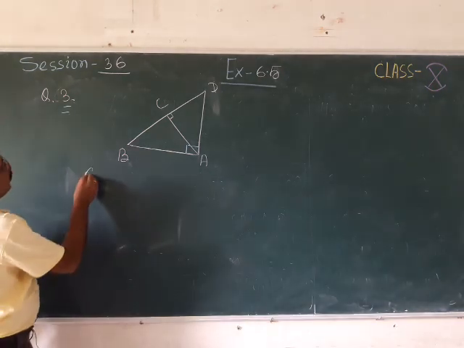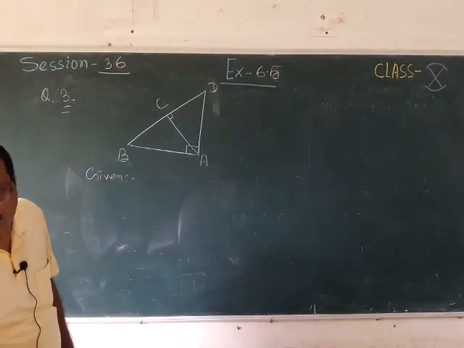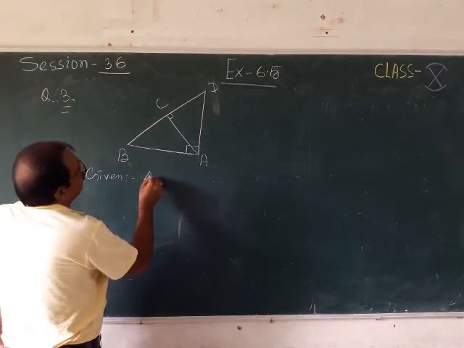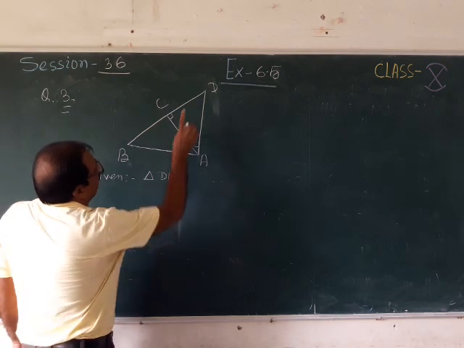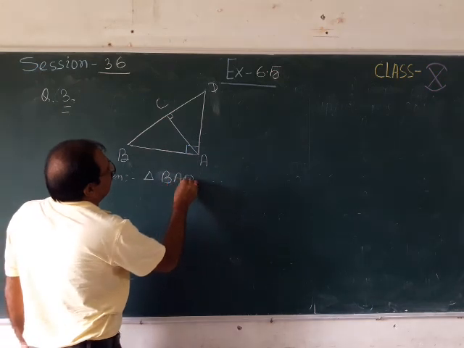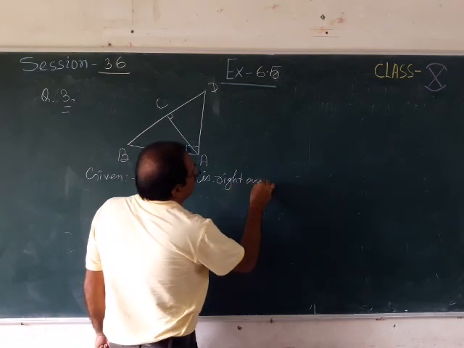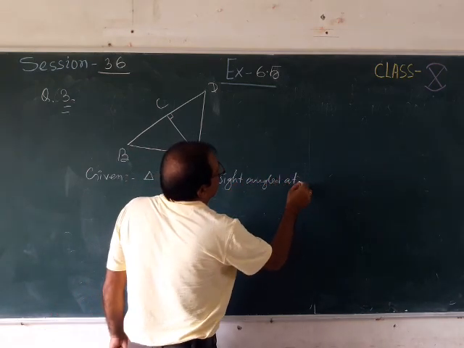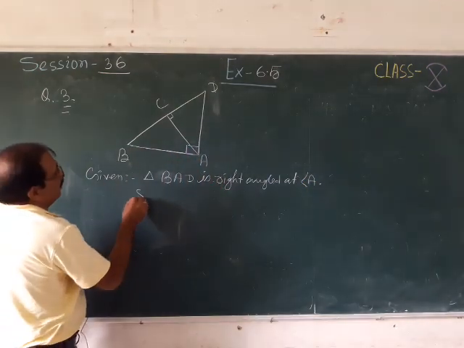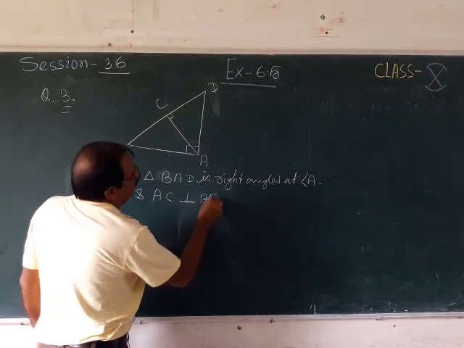So what is given? First of all, it is given for all the questions. It is given that triangle DAB or BAD, whatever I want to write, triangle BAD is right angled at angle A. Another thing is given, AC perpendicular to BD.